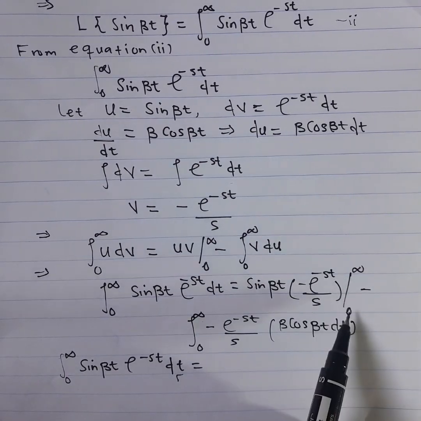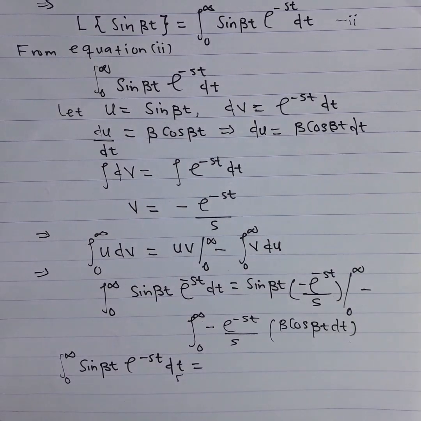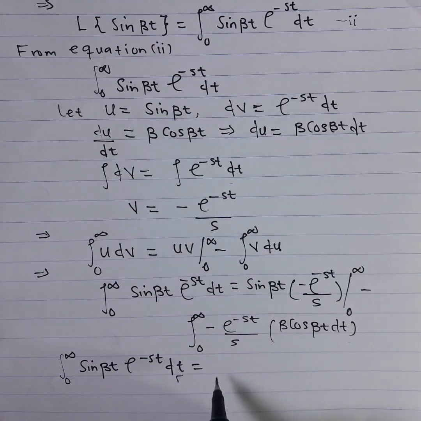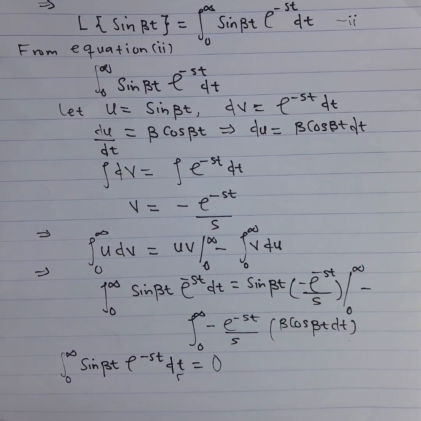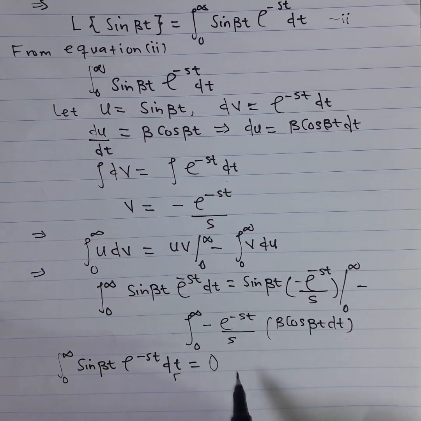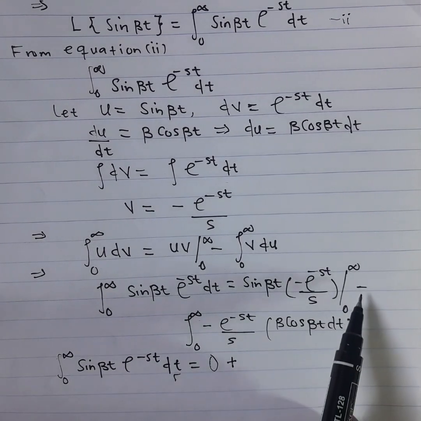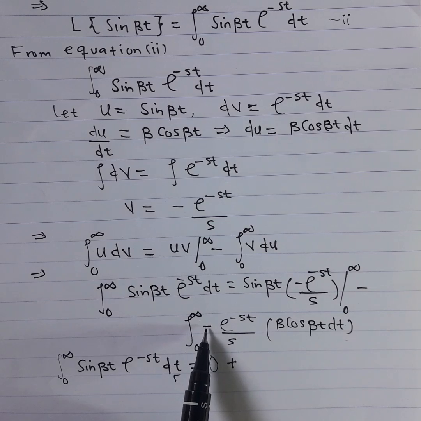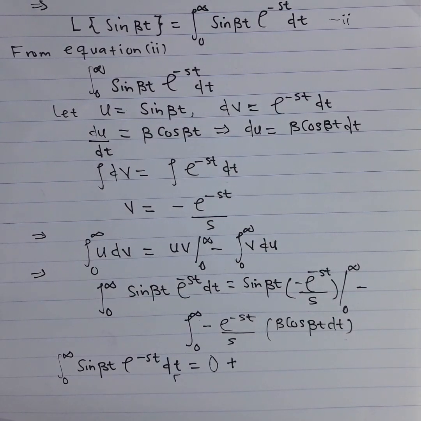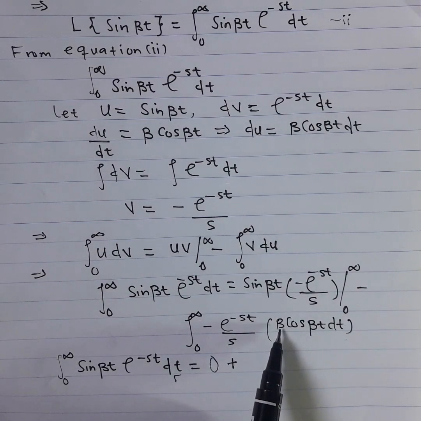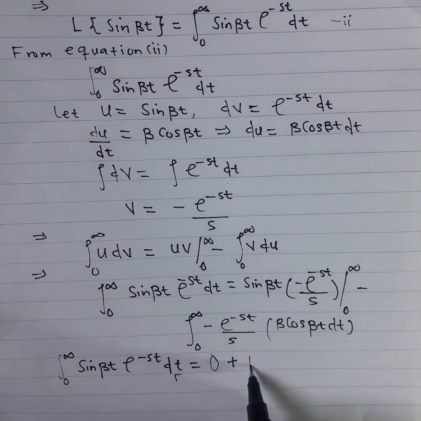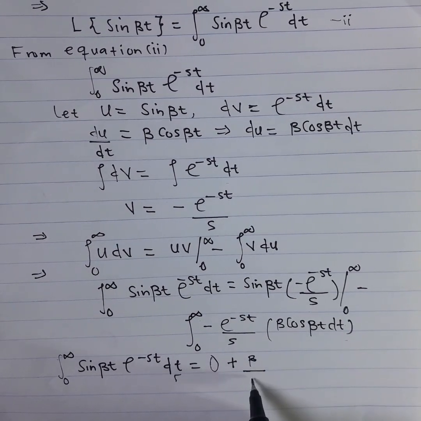At t equals 0, everything here will be equal to 0. So this part equals 0. Then we are going to have plus, because we have minus here and minus here, everything here will be plus. So we can factorize beta out, we have beta divided by s.